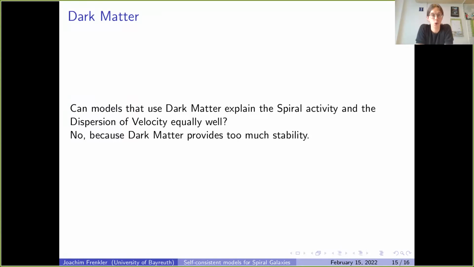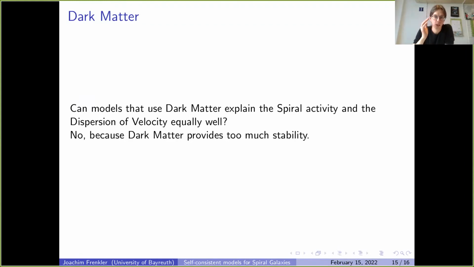And the answer is no, well, at least not ad hoc, because dark matter provides too much stability. When you study a lower mass disk for the ISM, which is embedded in dark matter, this dark matter stabilizes this lower mass disk against both instabilities, against the instability which causes the spirals, and against the Jeans instability.